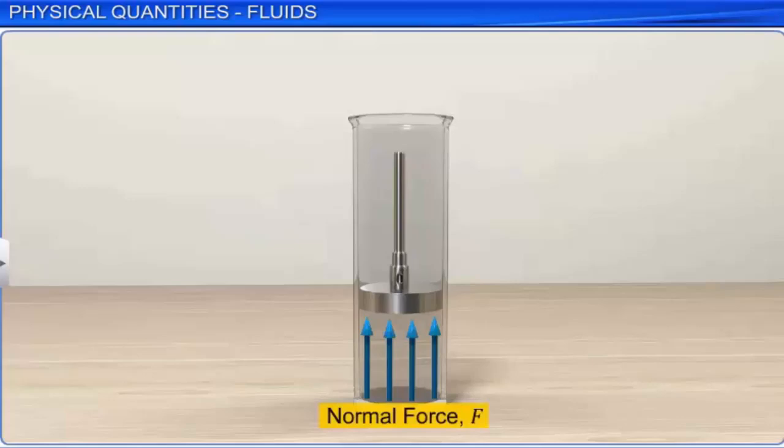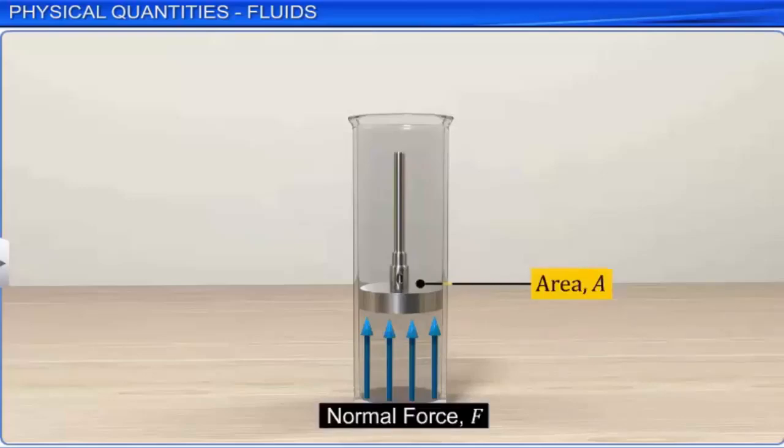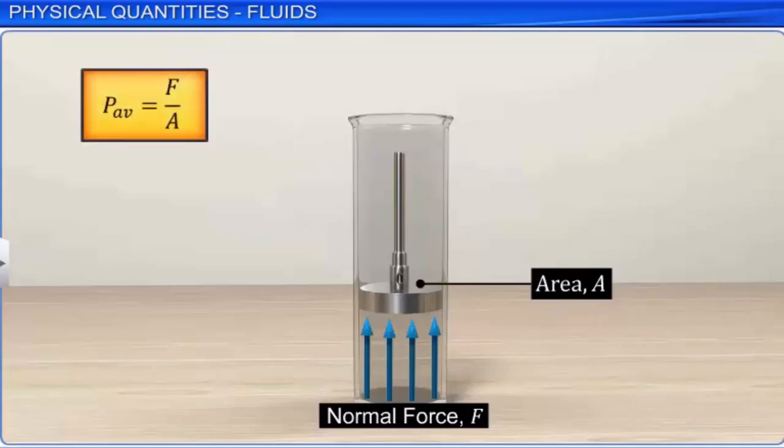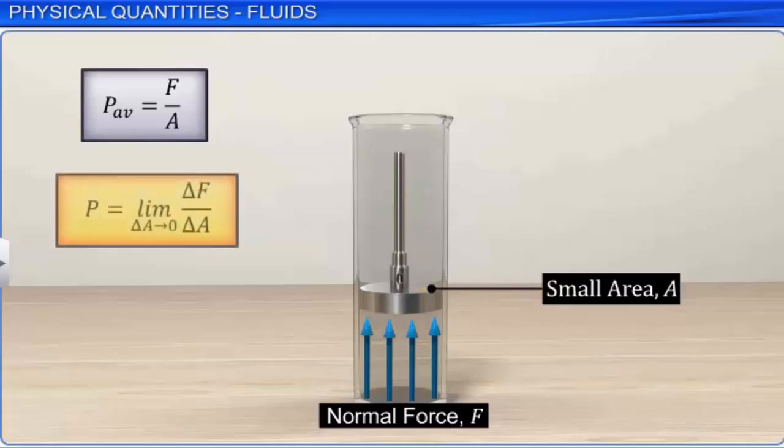In limiting case, that is, if small area of the piston is considered arbitrarily, then the pressure is represented as P equals delta F by delta A as delta A approaches 0. The magnitude of pressure does not change with direction. Hence, pressure is a scalar quantity.